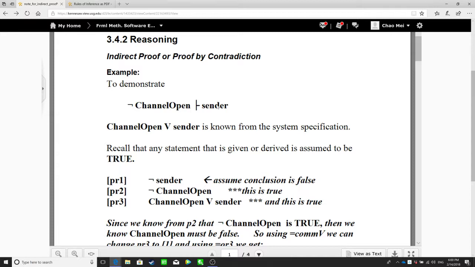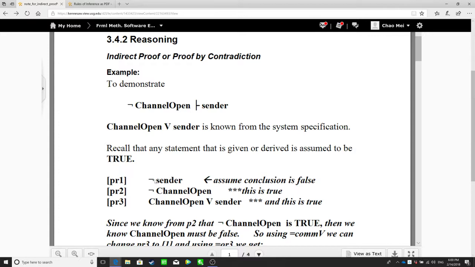Okay, sender is the conclusion, and we treat negation channel open as one of the premises, and channel open or sender we treat as another premise.